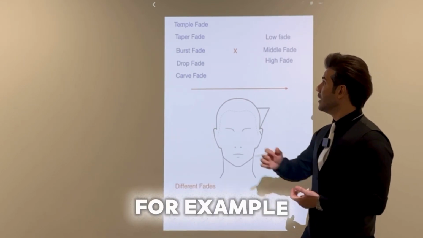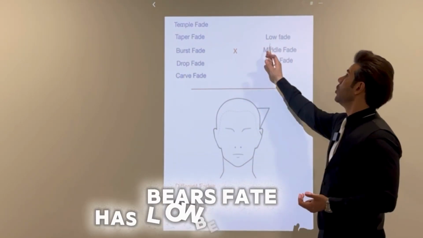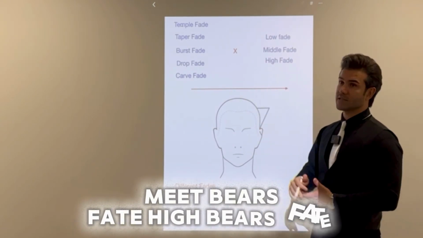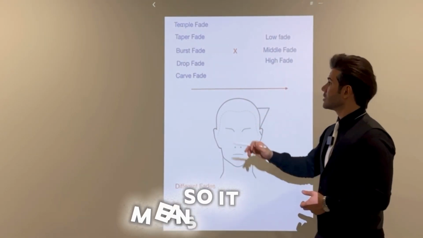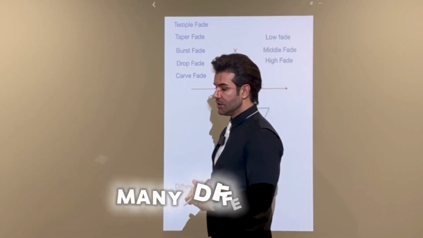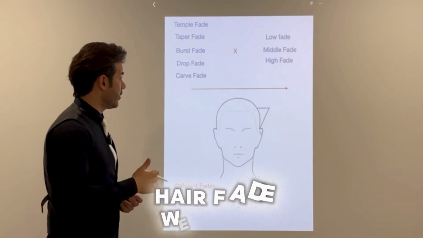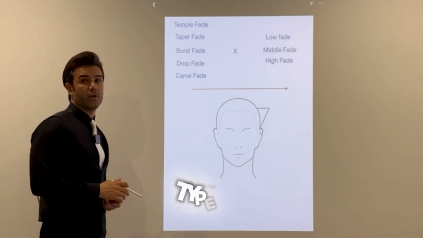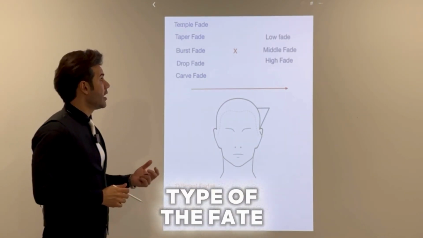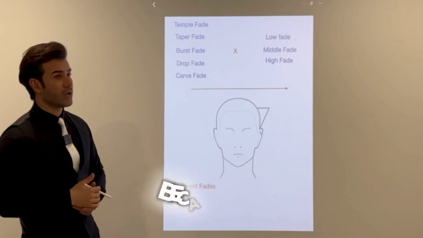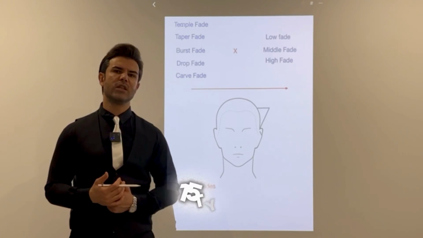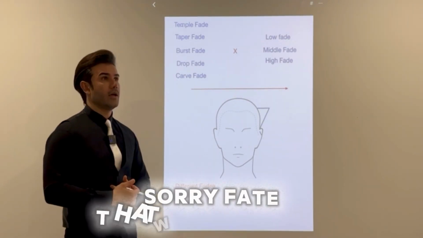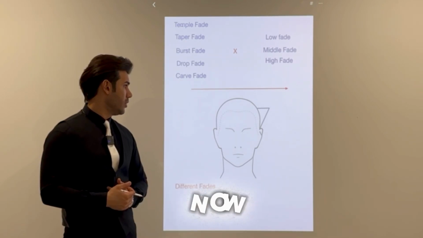For example, burst fade has the low burst fade, mid burst fade, high burst fade. So it means how many different types of hair fade we have. For example, there are 5 types of fade, and times 3 is supposed to be 15 types of haircut fade that we are having now.